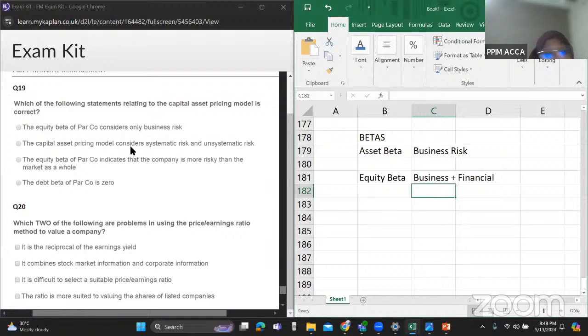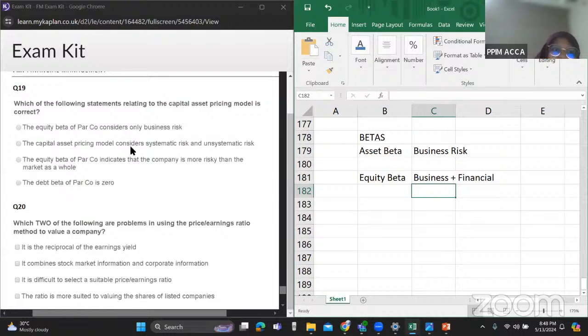Diversification means you invest in many different industries. If you invest in umbrellas, you invest in sunglasses also. If you invest in raincoats, you invest in something that works in the opposite way. So basically, the only way to reduce unsystematic risk is diversification.